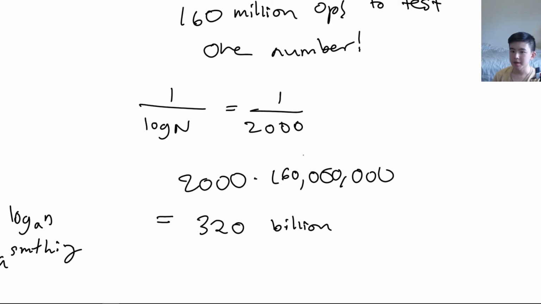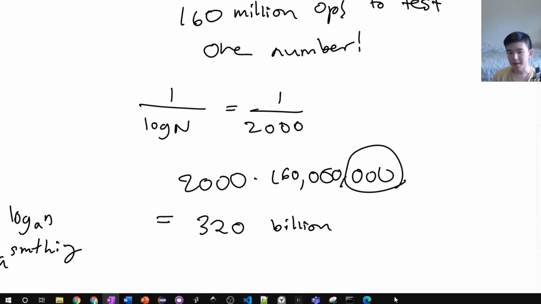Instead of 2,000, it might be 1,000, or it might be 500 or 200. Because when we're testing a's, we're doing log base a of n, and if a is large enough, it might even be 2 or 1. So yeah, it might not get to 1,000. There might be a few zeros chopped off. That's what makes it faster.